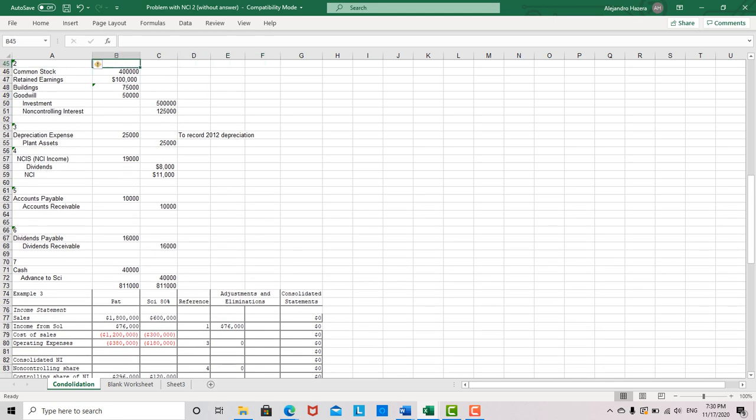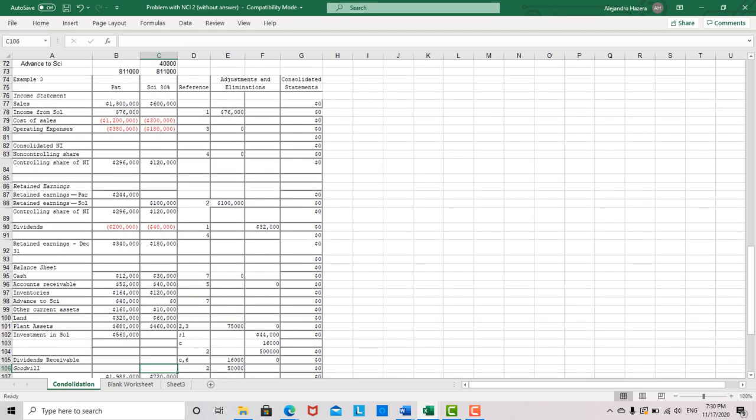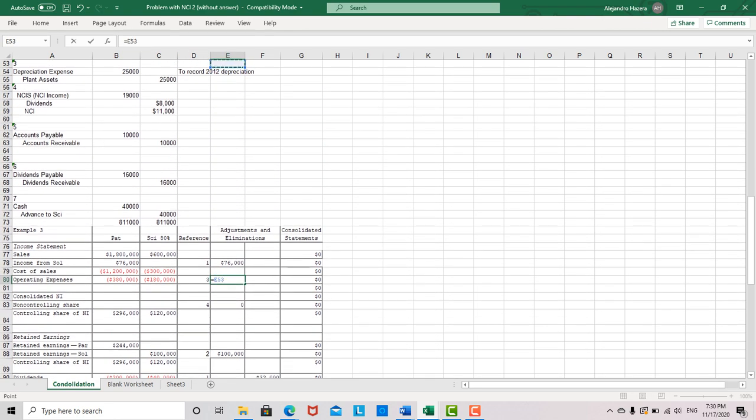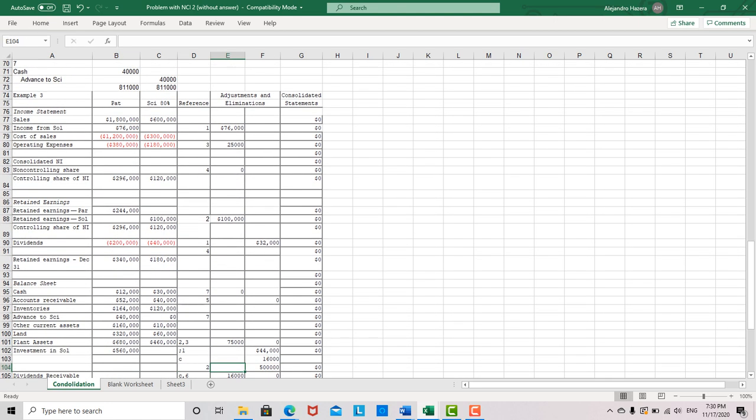Okay, so then the next couple of entries are pretty easy. Record your current year's depreciation for the plant assets, which will bring them down to their value at the end of 2012. So I'm going to debit other expenses because there's no depreciation expense. And then we'll credit plant assets.